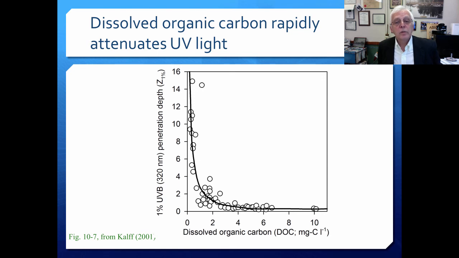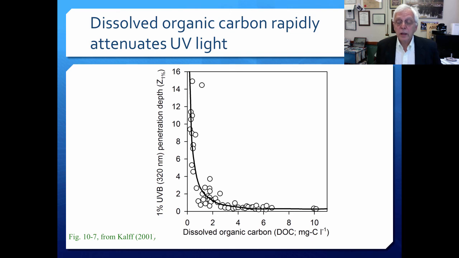Dissolved organic carbon also rapidly attenuates ultraviolet light, and this is important for removal of this ultraviolet. In this plot, you'll see how far you get down in the lake before you get 1% UVB penetration.